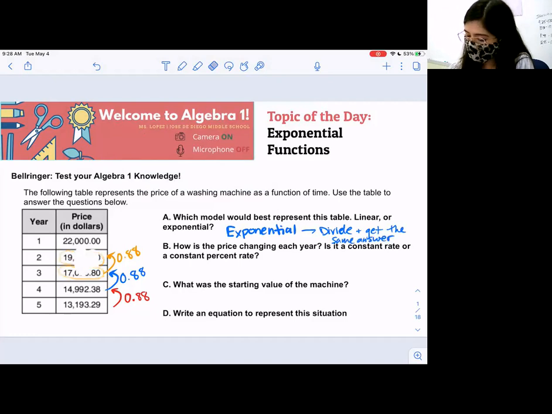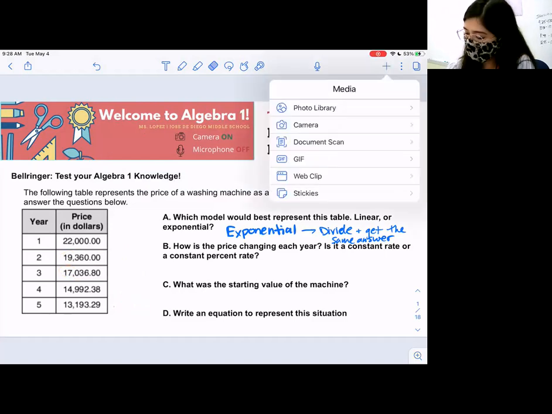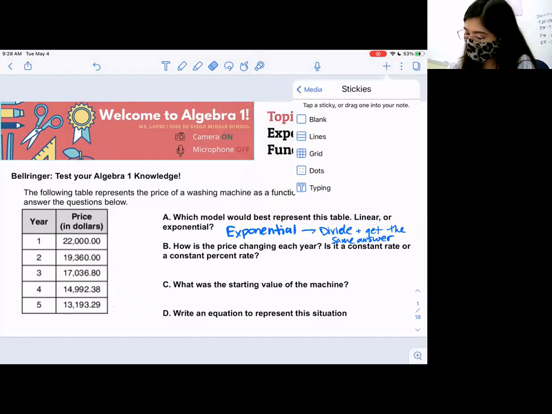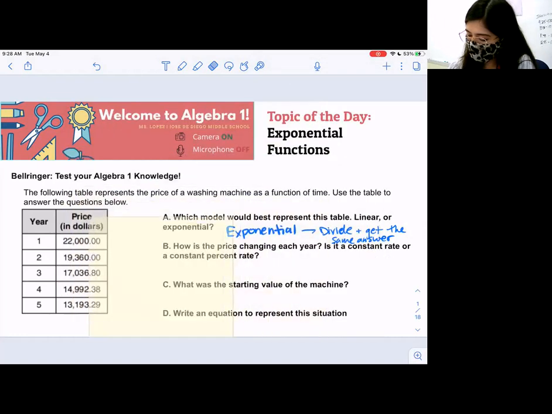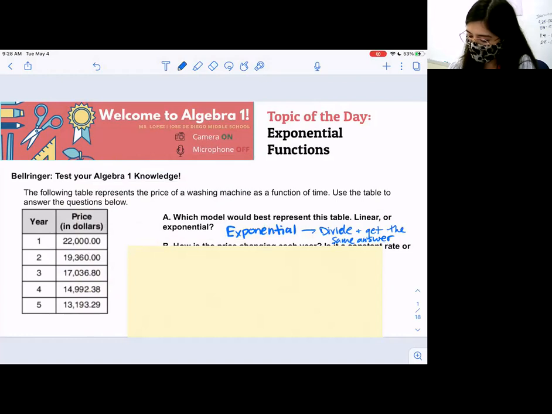But linear is when you have to use the slope formula, kind of like Guillermo said before. So if I was asking you, is this linear? You'd have to use the slope formula and then see if you get the same answer.